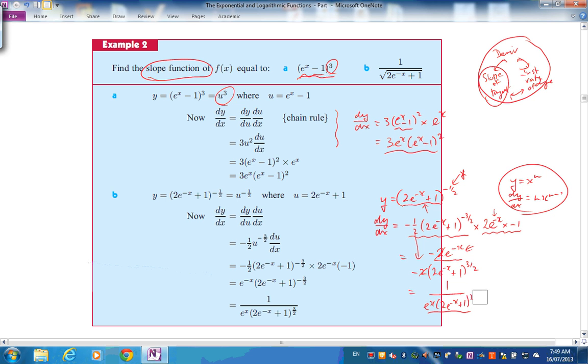Okay, so just to clarify the power here, that's 3 over 2. So, yeah, you can play around with them a bit.